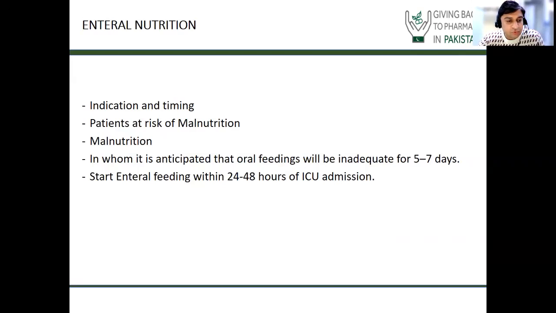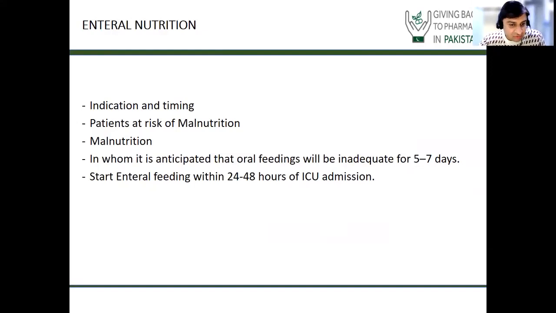All those patients in which you expect that the patient won't be able to take orally for the next 7 days or more than 7 days, in all those patients, you need to start enteral nutrition. And if the patients have contraindications of oral route, for example, facial trauma, in all those patients, you need to start enteral feed.